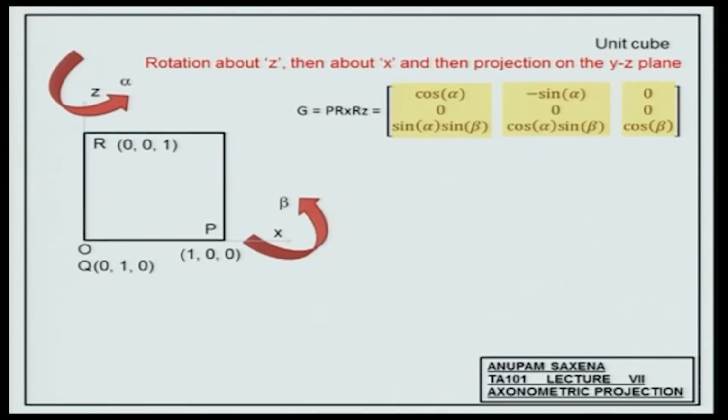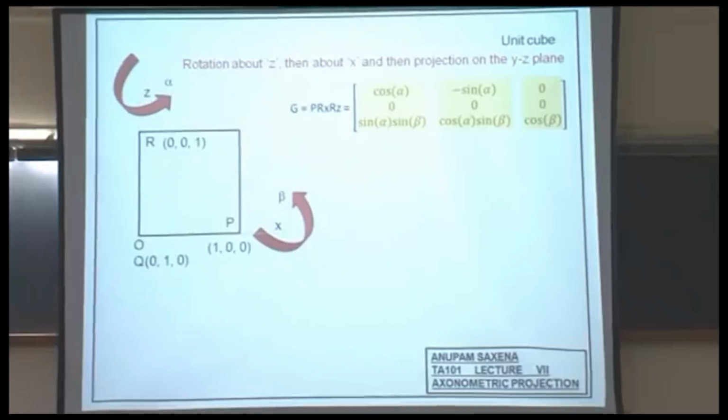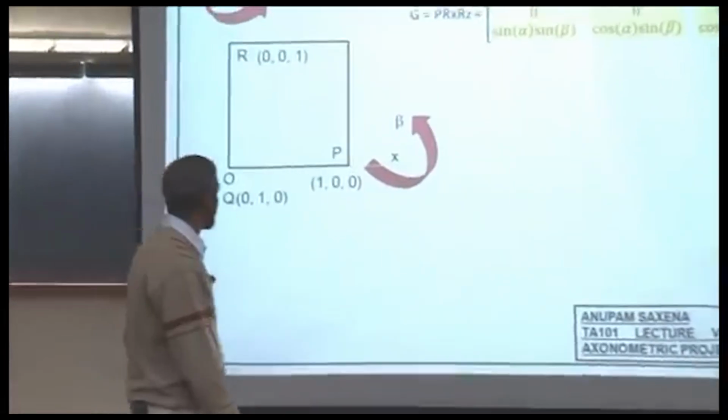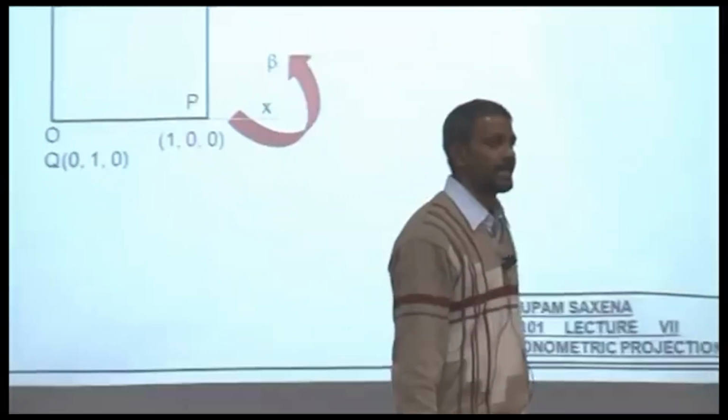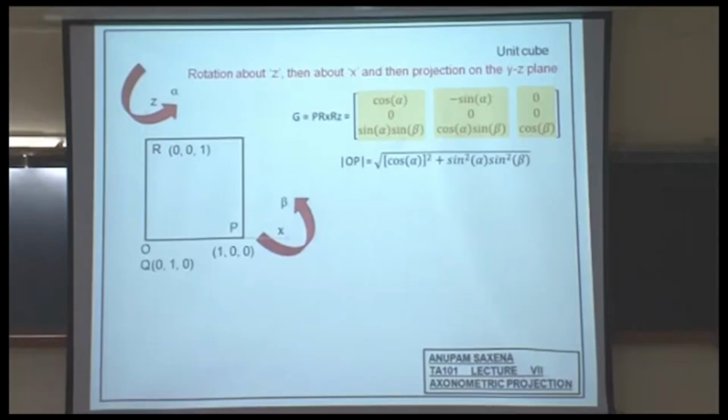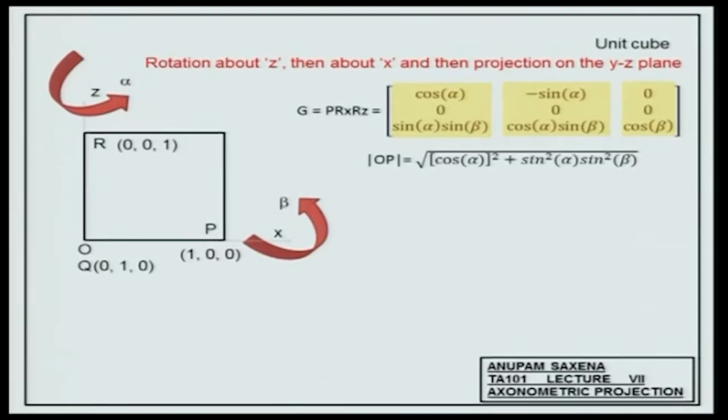Right? If I ask you what the new length of OP is, what would you have to say? New length of OP? x squared plus y squared plus z squared: cosine alpha squared plus sine alpha squared times sine beta squared.